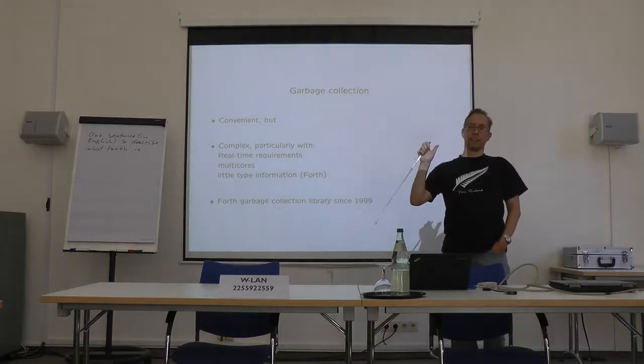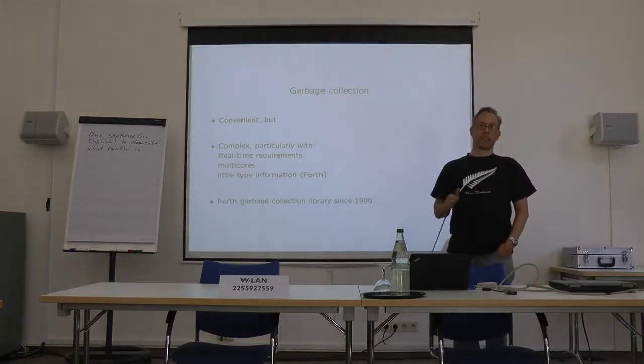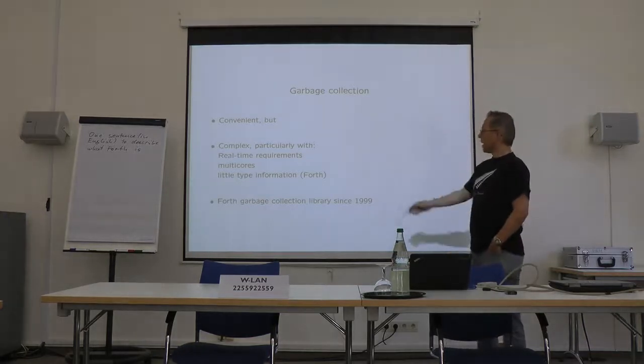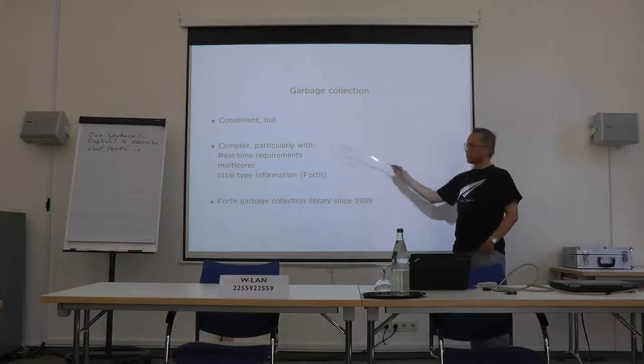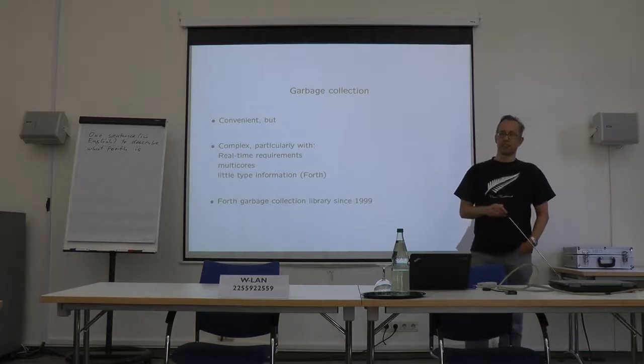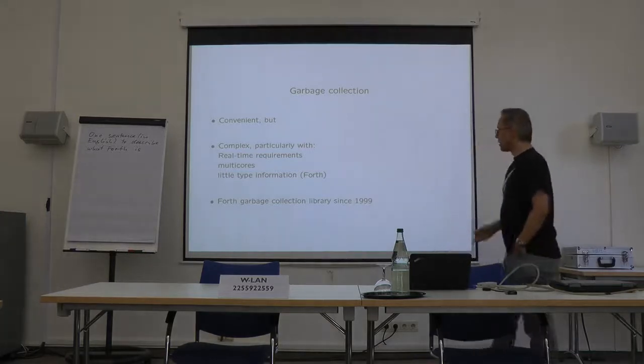They know exactly what is an address and what isn't an address. And in Forth we don't have that information. And there are solutions for each of these problems, but I don't think there is a solution for every one of them. Not sure. But in any case, if there is, it's going to be extremely complex.